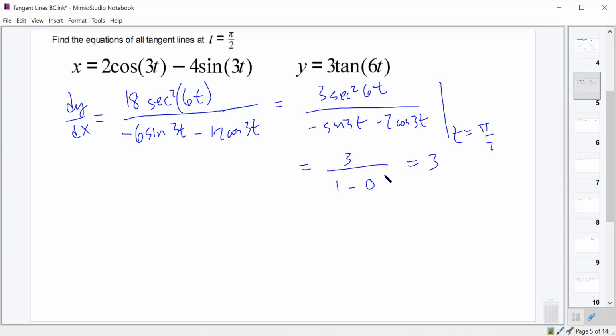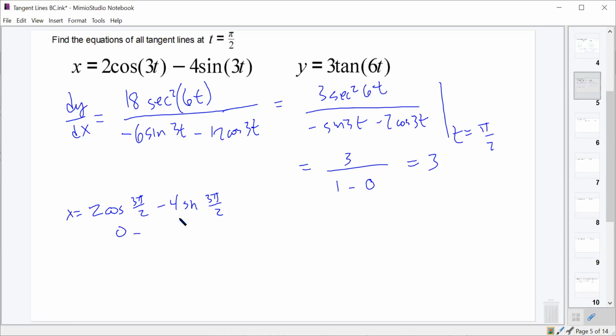And then what else did you have to do with this one? Since I gave you the t value rather than the point to evaluate it at, we just needed to figure out what point this hits. So x equals 2 cosine of 3 pi/2 minus 4 sine of 3 pi/2. What's the cosine of 3 pi/2? Should be 0.